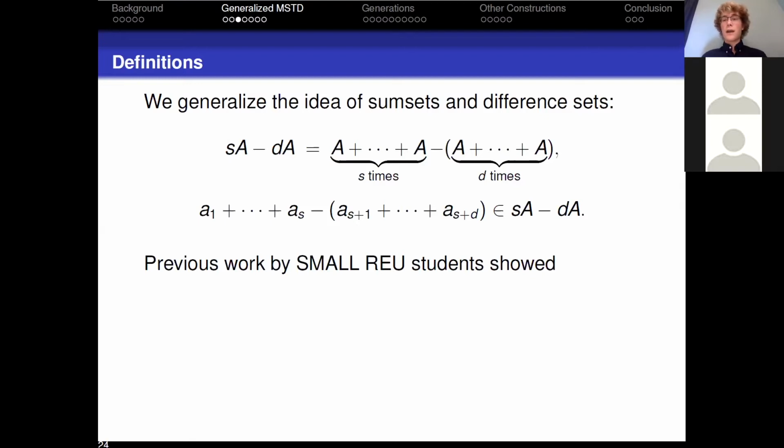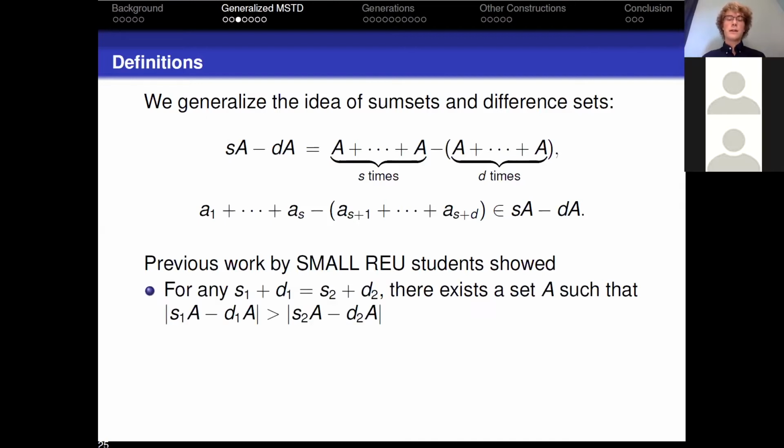These were studied by previous years of the small REU, and these students showed that given any two pairs, S1, D1 and S2, D2, where S1 plus D1 is the same as S2 plus D2, there exists a set A so that S1A minus D1A has more elements than S2A minus D2A.